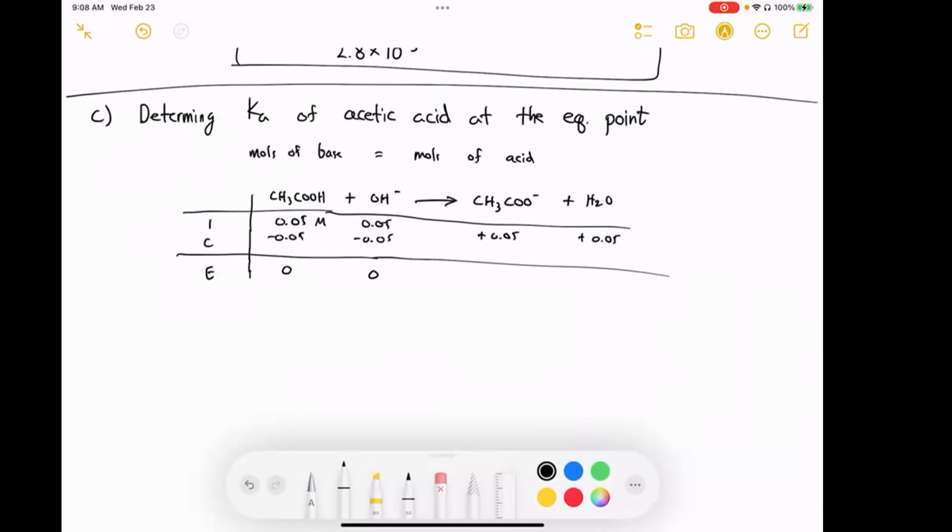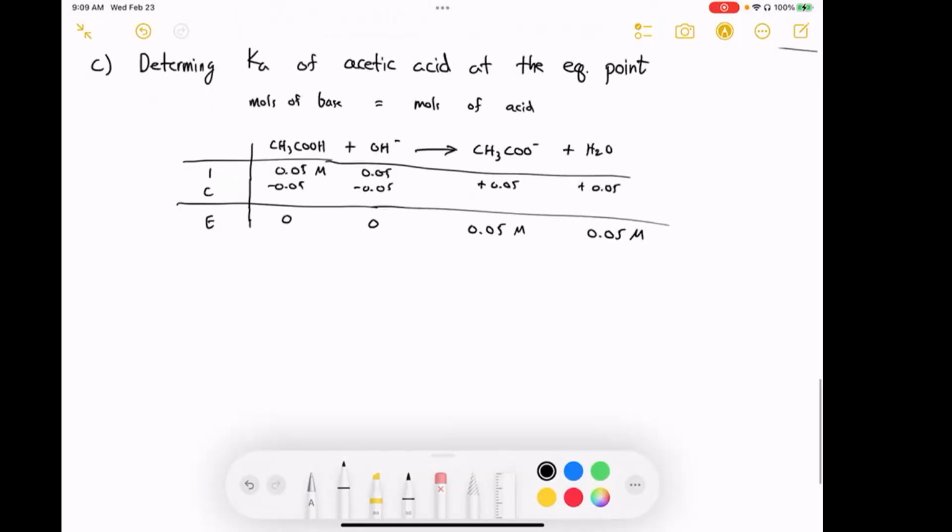And at the equivalence point at the end, we should only have 0.05 molar of water and of acetate. So now my expression is going to be a little bit different because what's controlling the pH is the conjugate base's reaction with water.